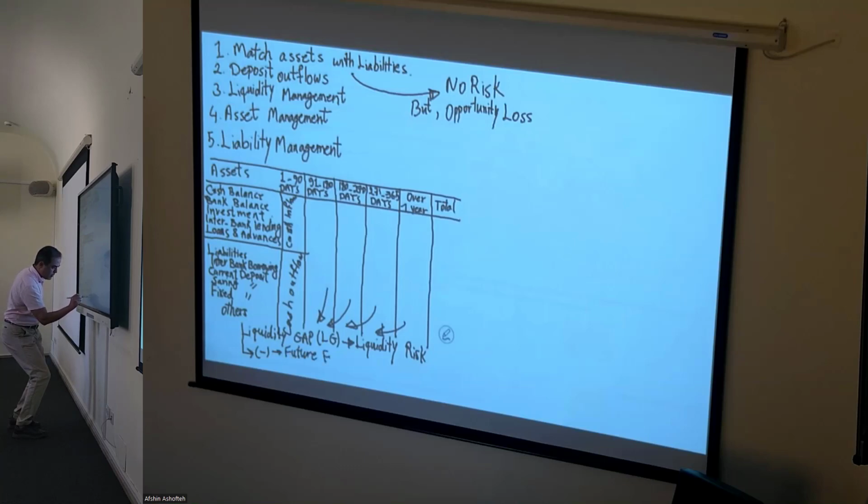The future fund raising is required, and if it is positive, the future investment is required.